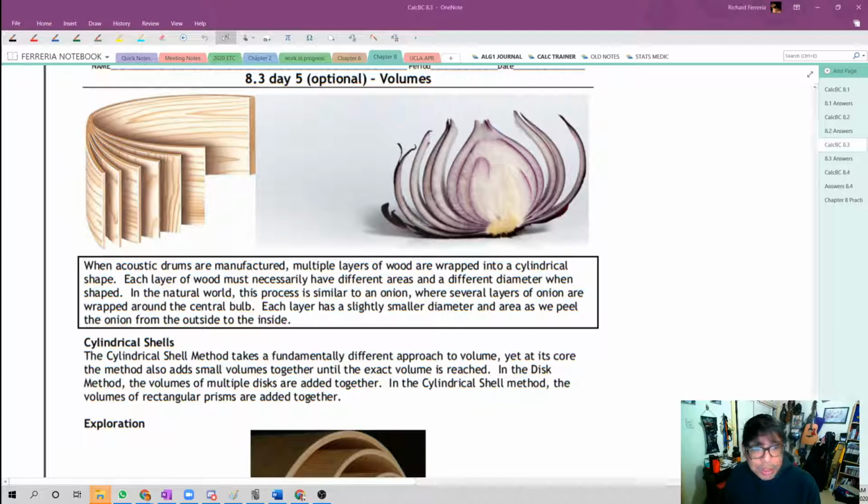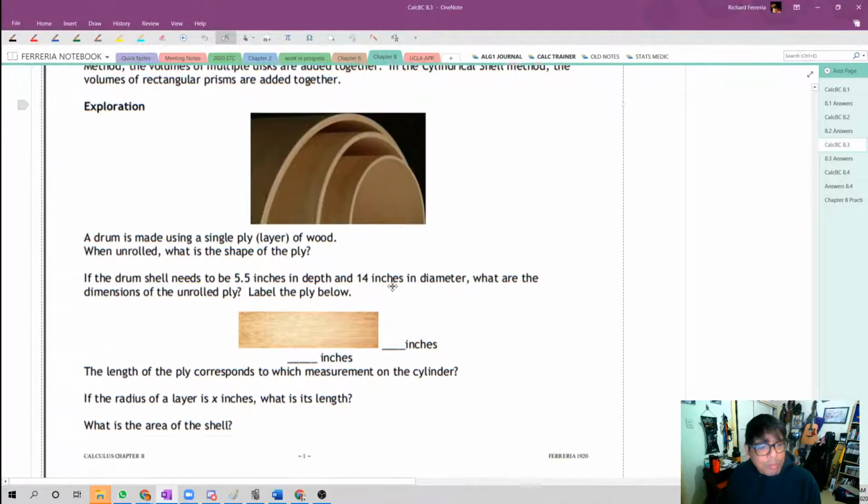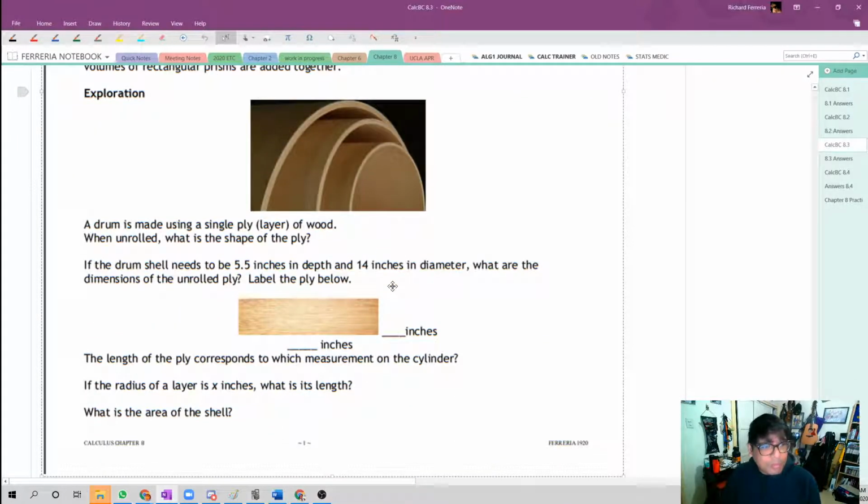So the cylindrical shell method is fundamentally different in its approach to volume. It's similar because we are adding small volumes together until the exact volume is reached. But in the cylindrical shell method, we're going to basically unwrap our volume.